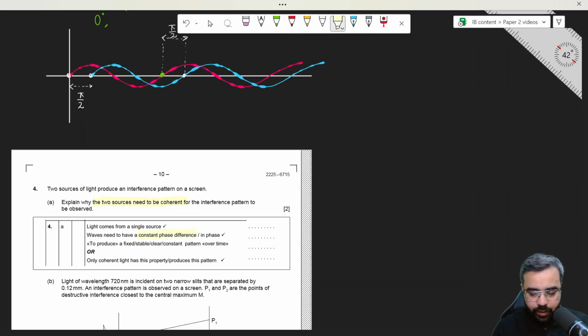So students, constant phase difference, or you can say in phase, and any two waves will be in phase if they have the constant phase difference or 0, 2 pi, 4 pi, 6 pi. If these are the phase differences, we can say those two waves are in phase. And only coherent light can produce this pattern.